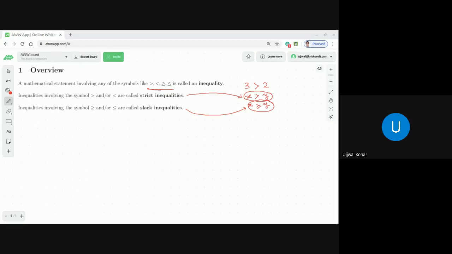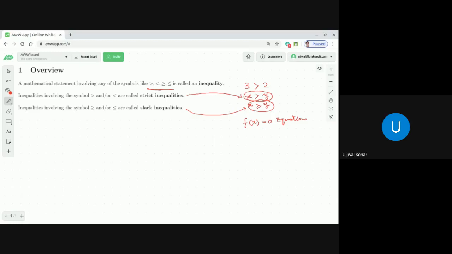In the next 2-3 days, we will see how to solve inequations. When we say f(x) is equal to 0, that becomes an equation. We have seen so many equations earlier: quadratic equations, cubic equations, trigonometric equations. Those equations have solutions.